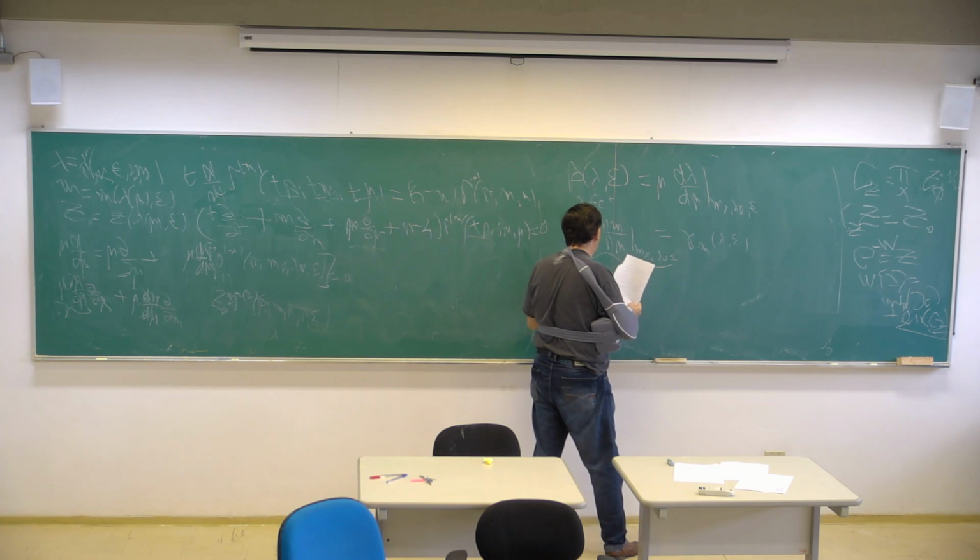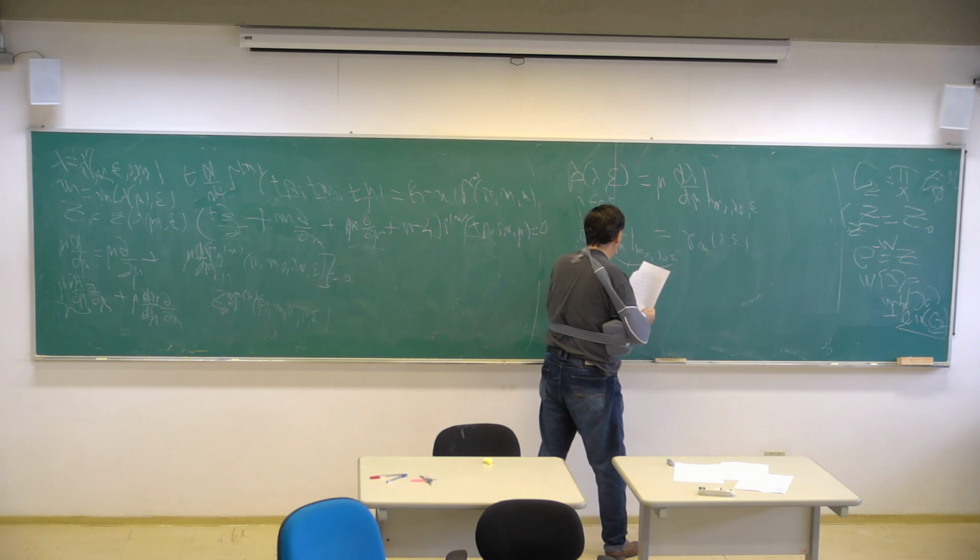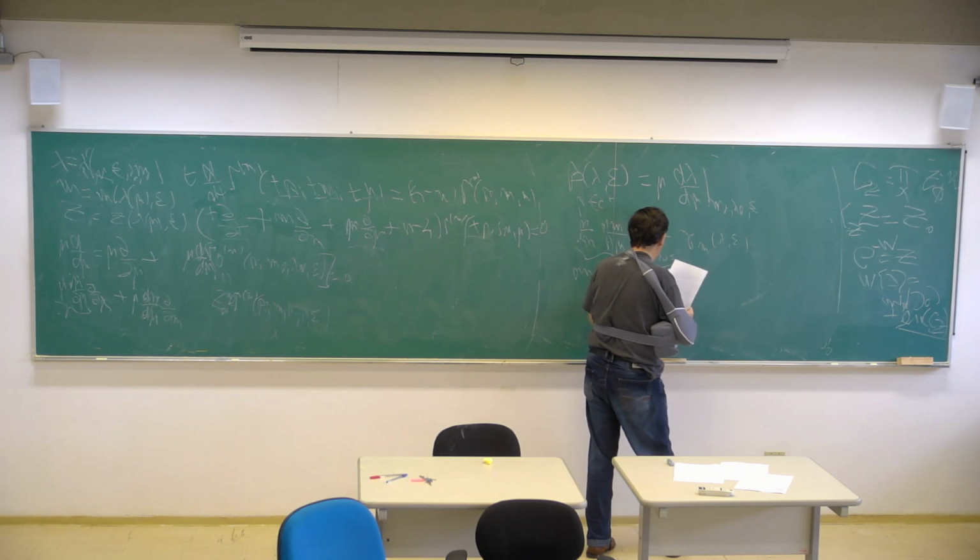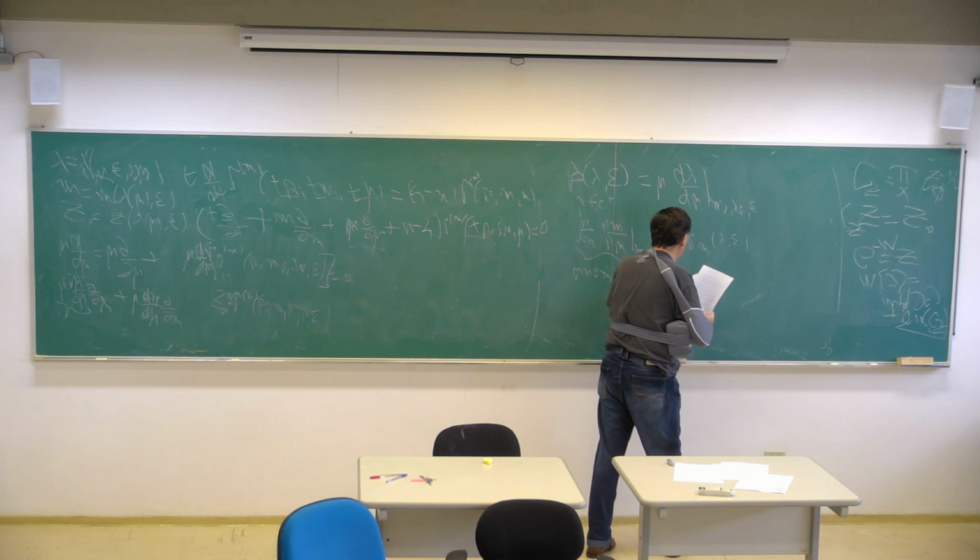So this is called the anomalous mass dimension.